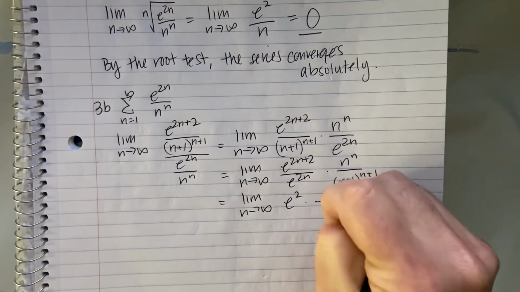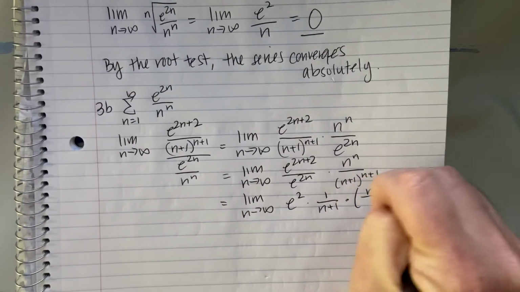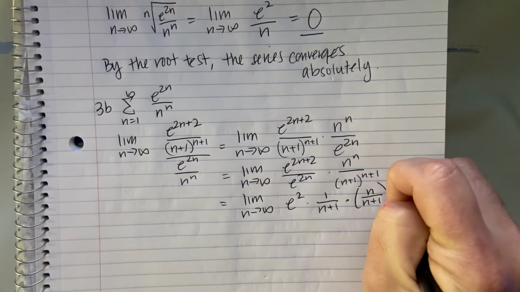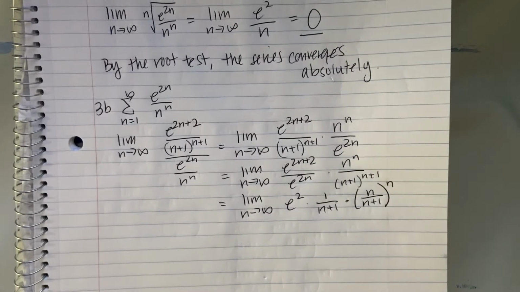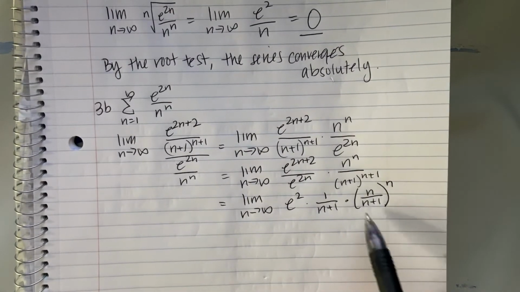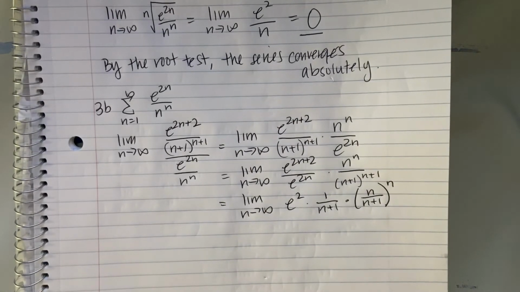Pull the n plus 1 out. And then we have n over n plus 1 to the n power. Pulling one of the n plus 1s out, so there's only n of them left, and then I'm putting them together. So this is the opposite of the one we saw before, which was e. So this actually ends up being 1 over e.